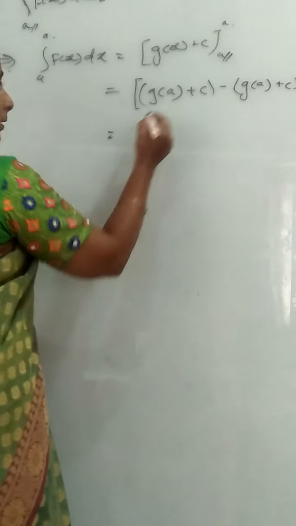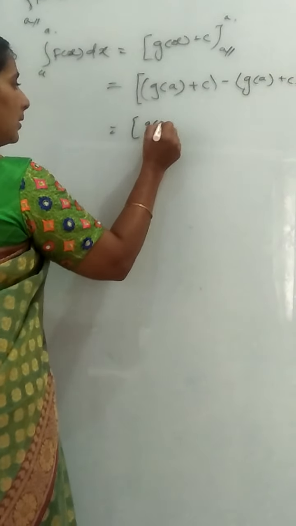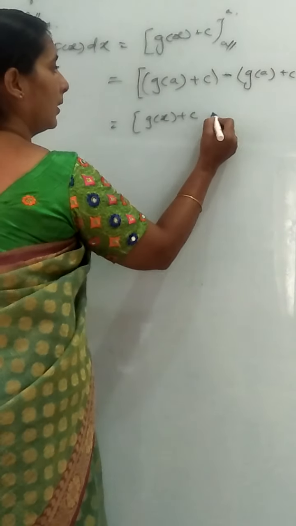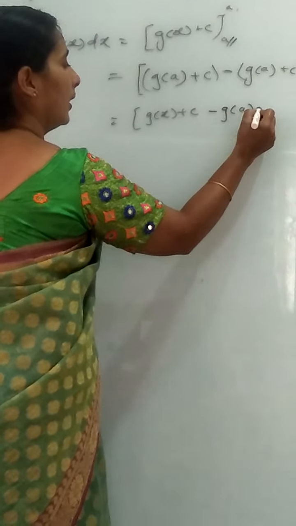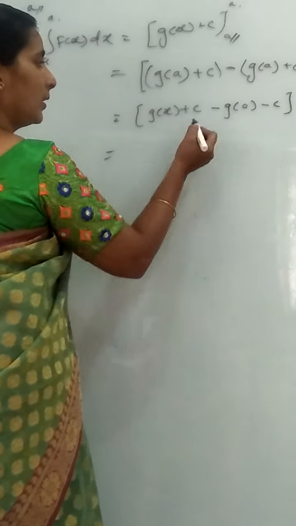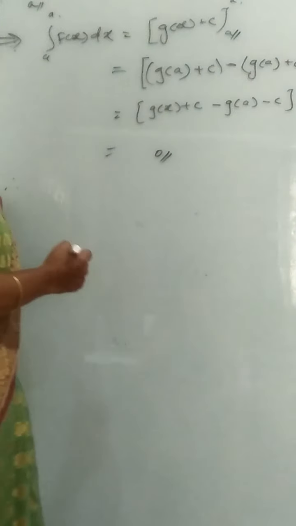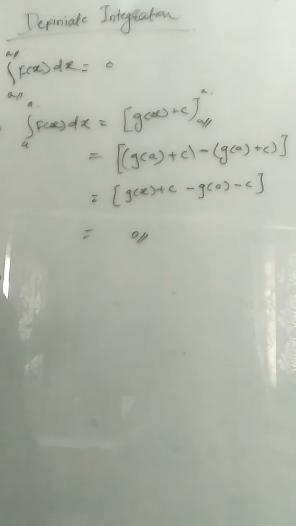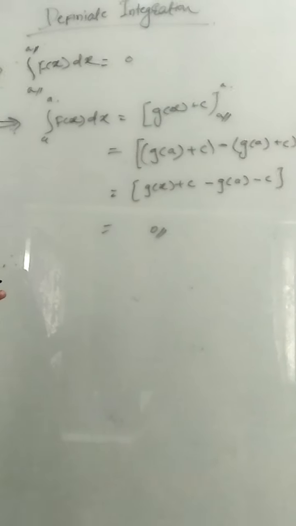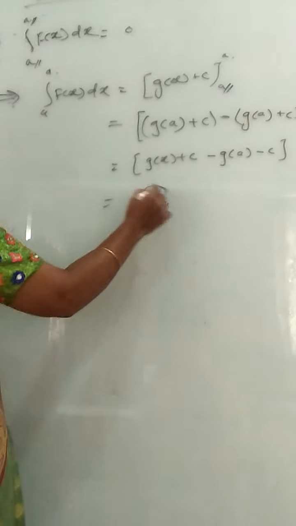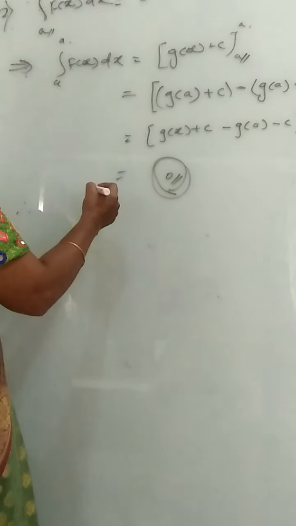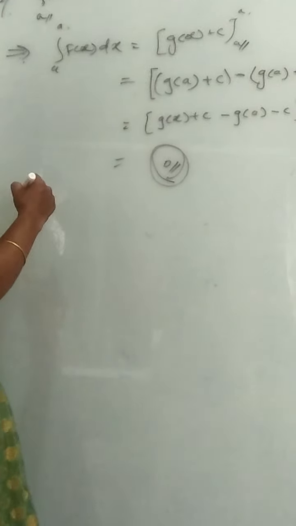Subtract, applying the minus sign on the second term, therefore minus g of a minus c. Similar terms get cancelled and the remaining term is 0. When we take the integration of one function and upper limit and lower limit are the same, then that value becomes 0. This is another property of the definite integral.